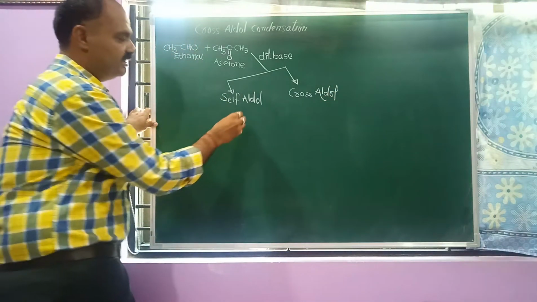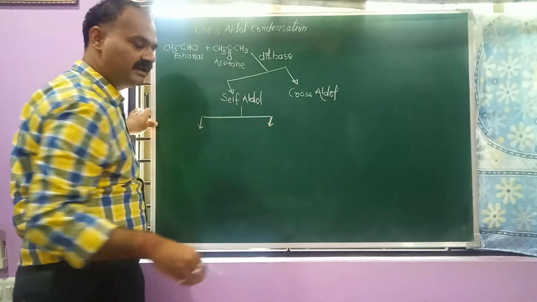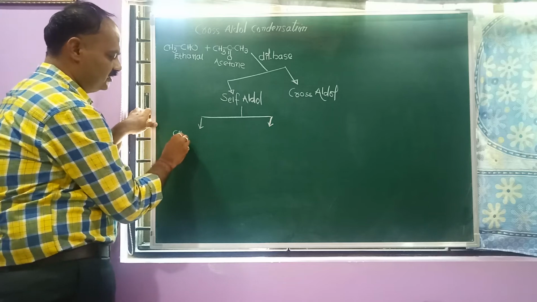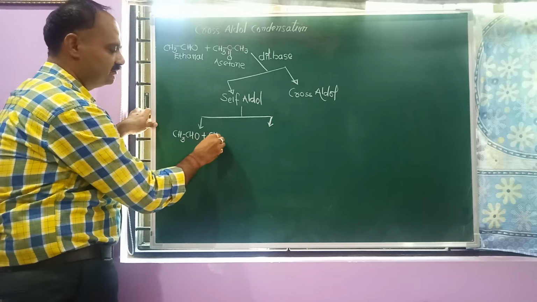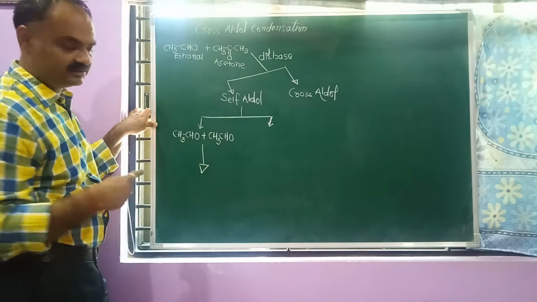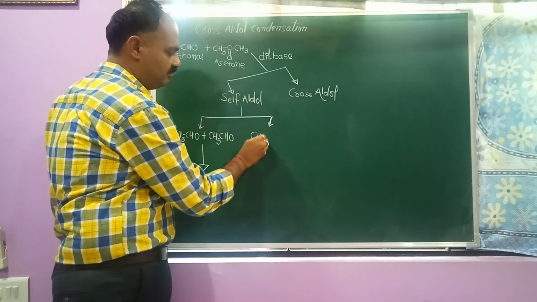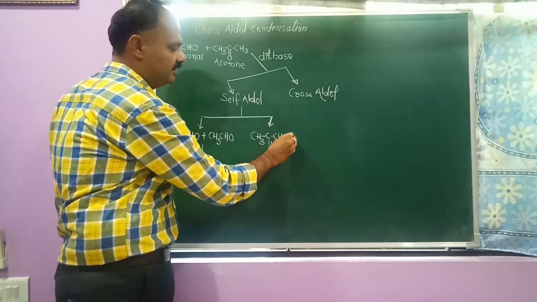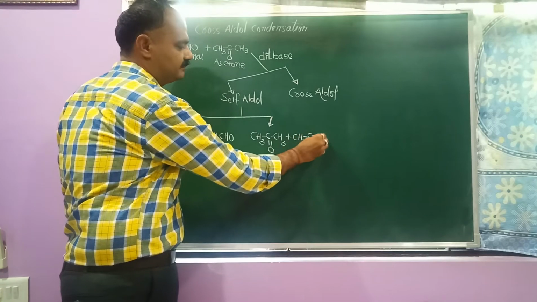In self aldol condensation, two reagents of the same type will react, and the final product is obtained. The first reaction will be between ethanal plus ethanal. Some product should be there, that we will discuss. Here acetone combined with acetone means CH3C double bond OCH3 plus CH3C double bond OCH3.